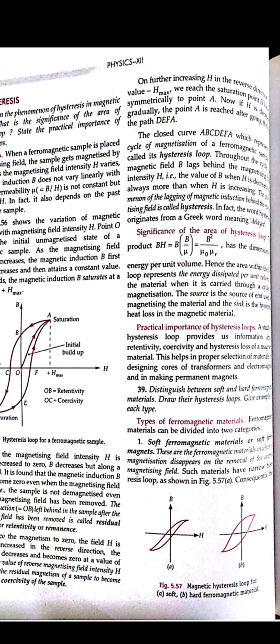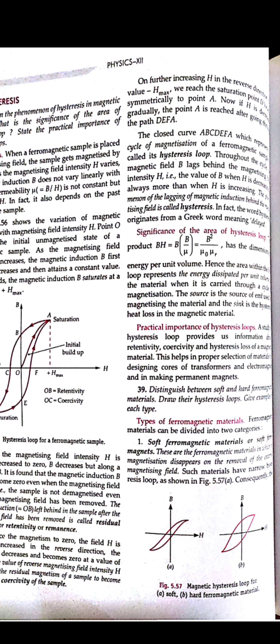There is a small difference. We know that a ferromagnetic material has some magnetization still after the removal of the external magnetizing field, that is, residual magnetism, that is retentivity. It will not get to zero.